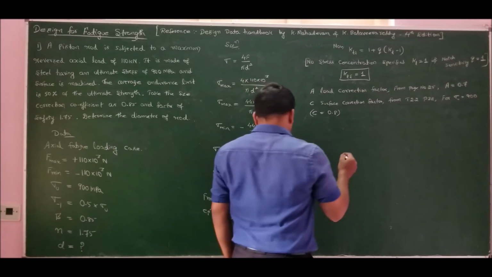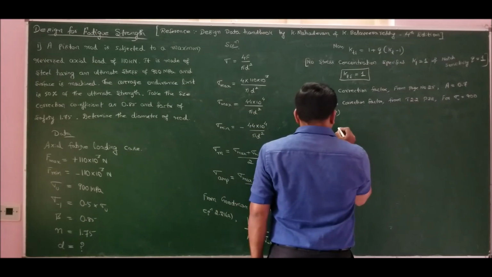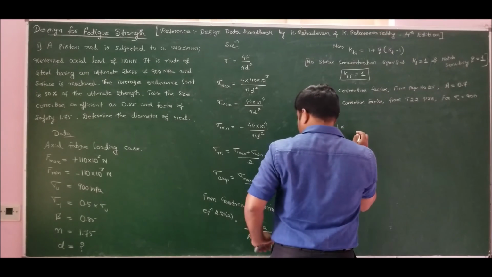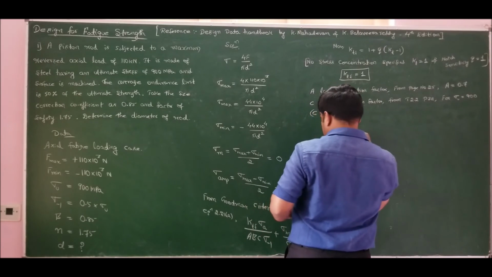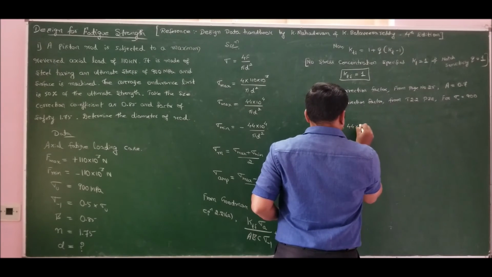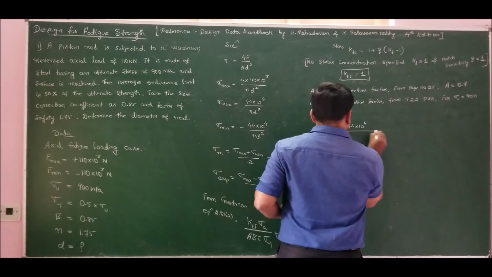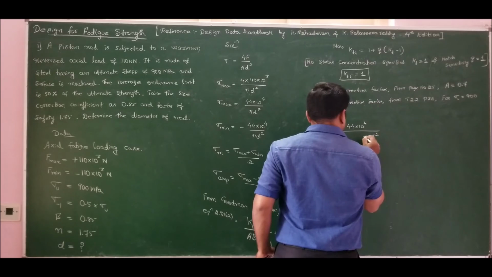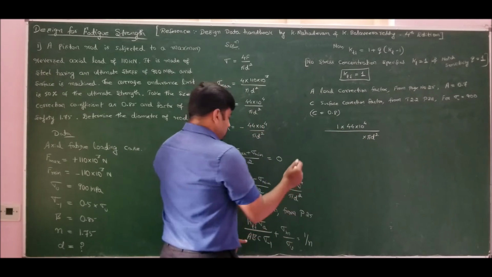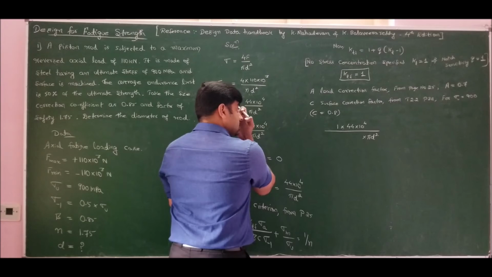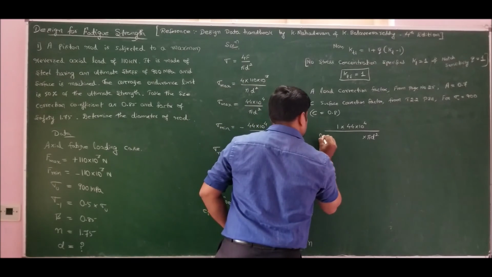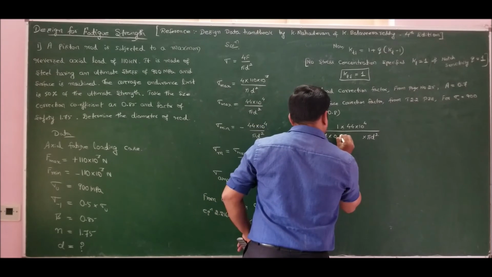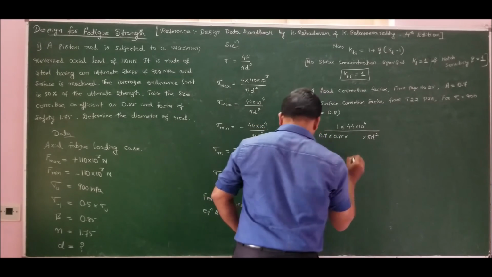So if I substitute into Goodman's equation, we have K_TF, that is fatigue stress concentration factor, as unity, into sigma A, that is amplitude stress, 44 into 10 to the power of 4 divided by pi d square. The value of A, the load correction factor, is 0.7. Value of B, size factor, is given as 0.85.